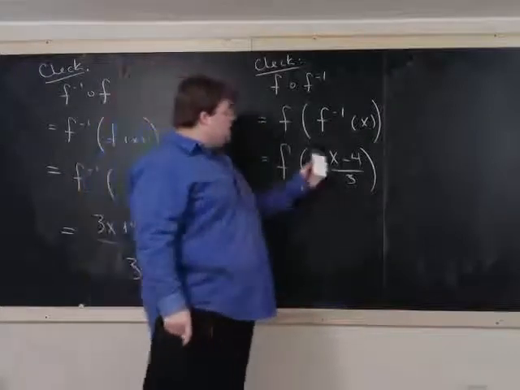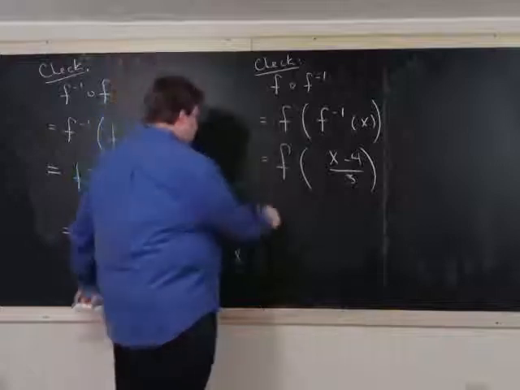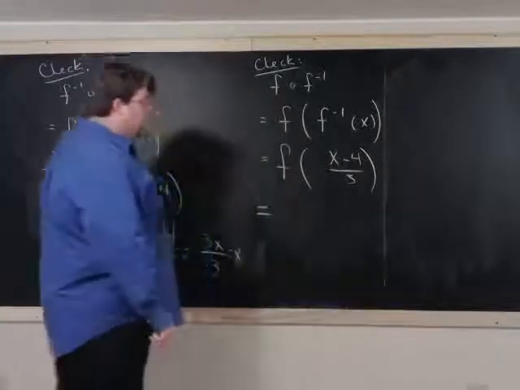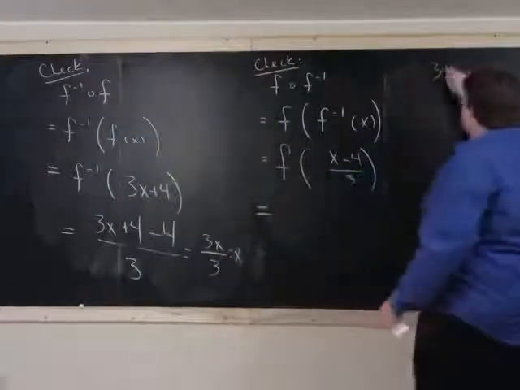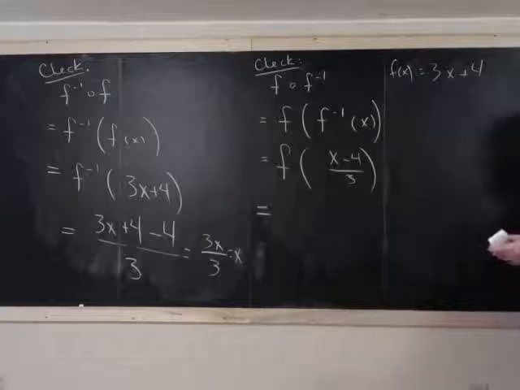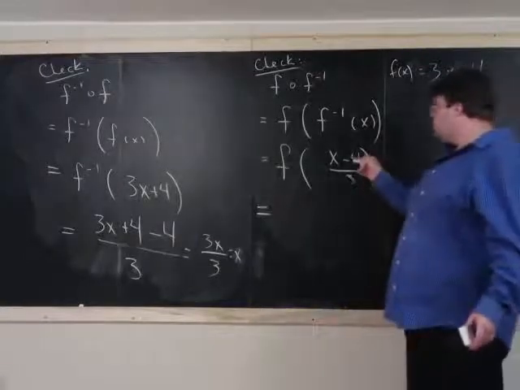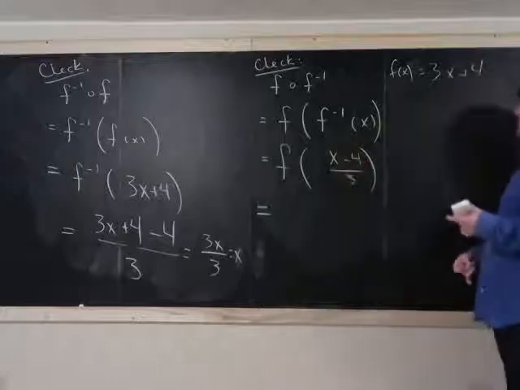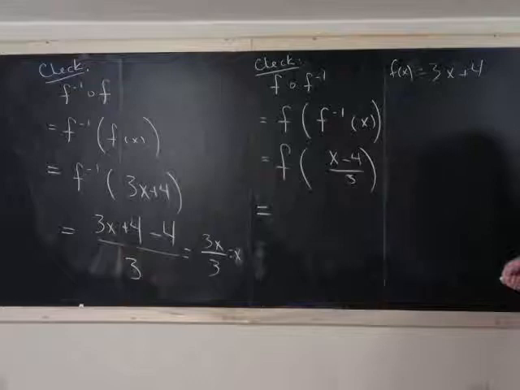So we're taking f inverse, inputting that into f. Well, f was 3x plus 4. So let's write it up here. Remember, f of x was 3x plus 4. So we're going to input here x minus 4 over 3.